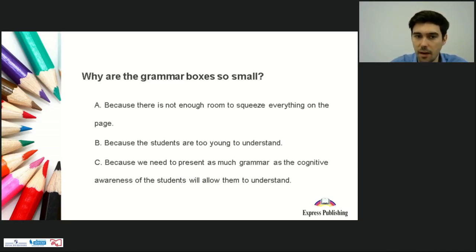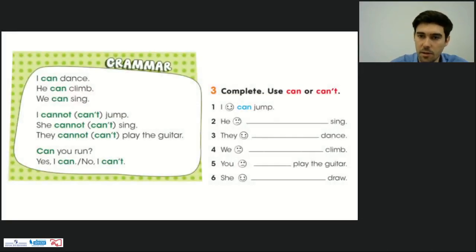So as we can see here, we have a small grammar section going over some of the general structures, and then some short, simple exercises to practice using the grammar without explaining it too much.